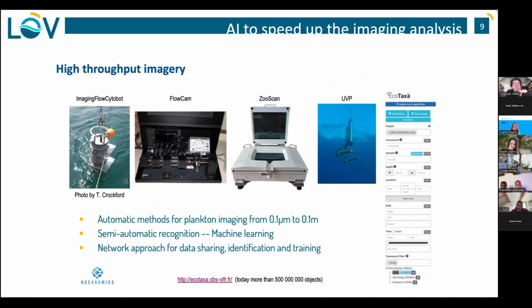Again, I'm going from micro scale to centimeter scale at the same time. We developed this software because it was too challenging to manage imaging data on our own. And this is a community tool. You can collect data with any type of imaging instrument, standardize it, plug it in there, and use machine learning to speed up the analysis and the annotation of these images.